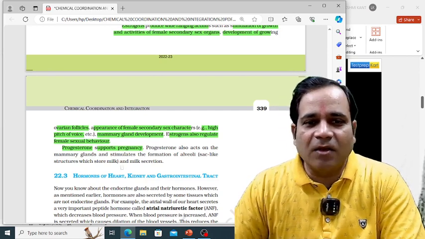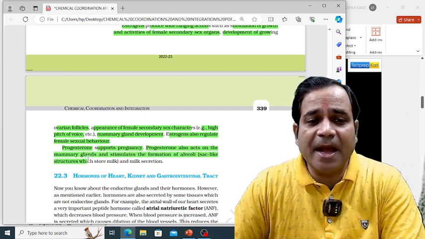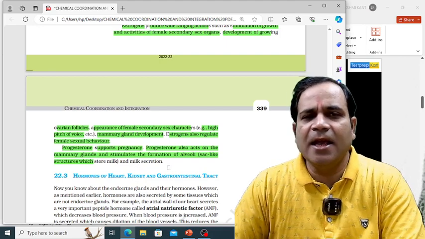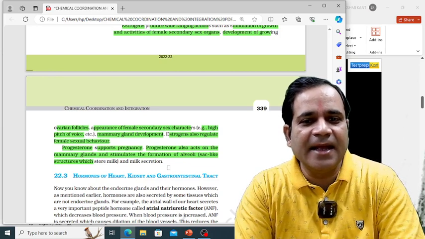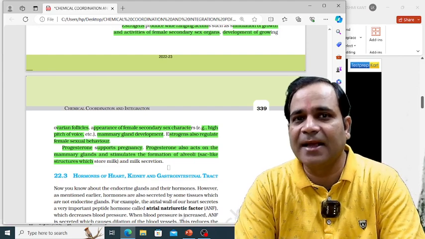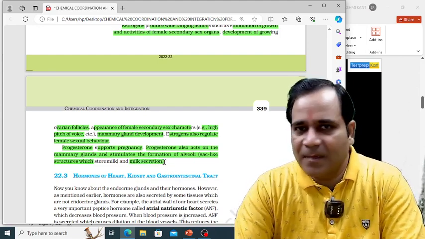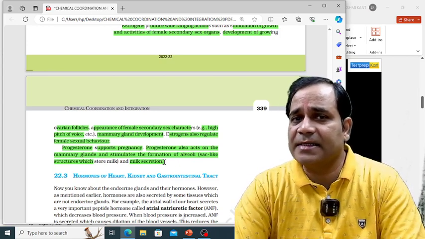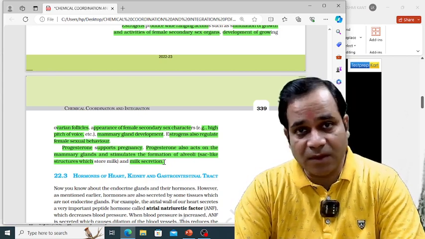Progesterone also plays an important role in the mammary gland, and stimulates the formation of alveoli, because in a mammary gland there is an alveolar duct and alveolar sac, inside which is mainly responsible for storing milk as well as milk secretion. Is that clear? So these two composite glands are clear: one in the male, the testis, and in the female, the ovaries.